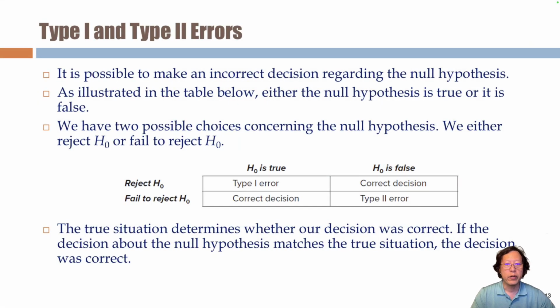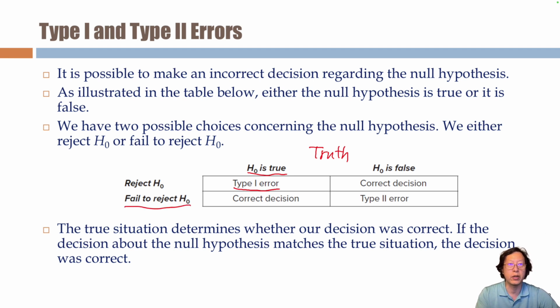And type 1 error and type 2 error. So type 1 error, as you can see here, the type 1 error is the case. Indeed, this is the truth. Truth can be null hypothesis true or null hypothesis false, right? So in truth, null hypothesis true, which means we fail to reject the null hypothesis.